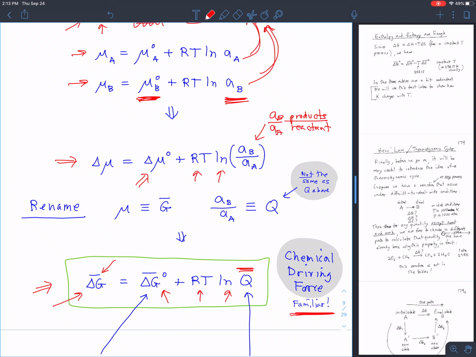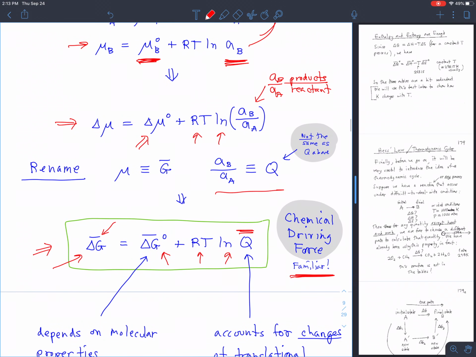And that's in fact a simple special case of a reaction quotient.